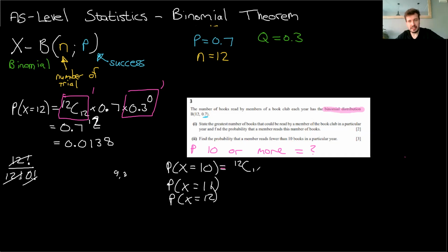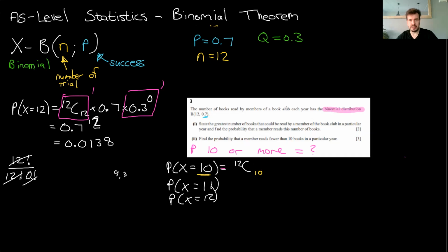So that would be 12 choose 10. Let me slow down. The 10 successes, right? So it's 12 choose 10.